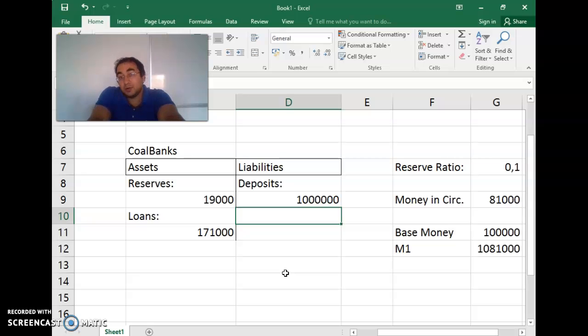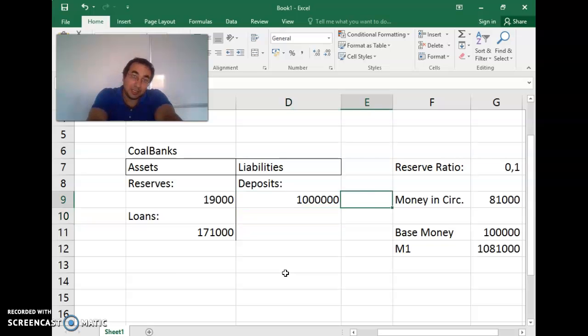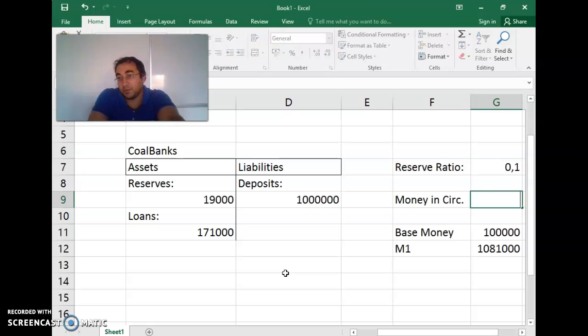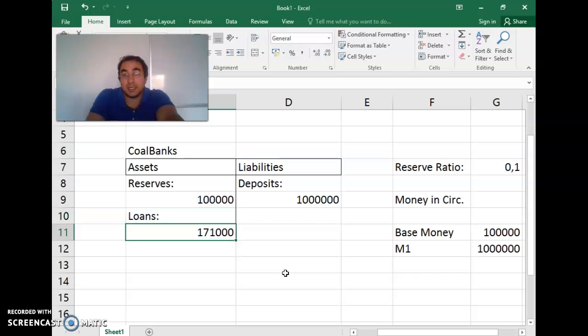Of course, since this process has ended, the money in circulation will be completely zero. Everyone is holding their money in the banks. And out of this 1 million, 10% is held in reserves. So basically the amount of reserves will be $100,000 and the amount of loans will be $900,000.